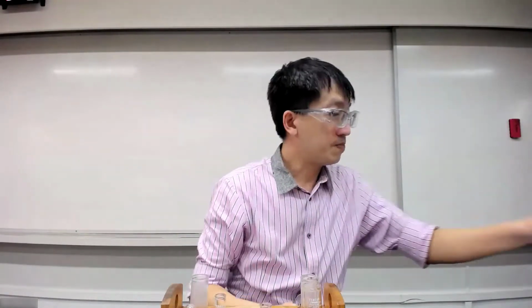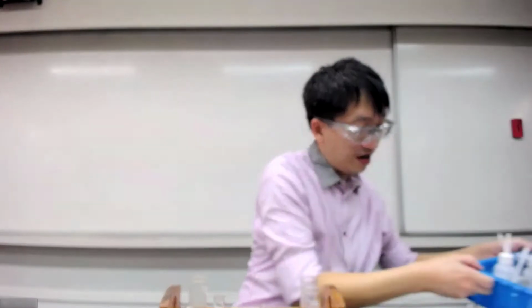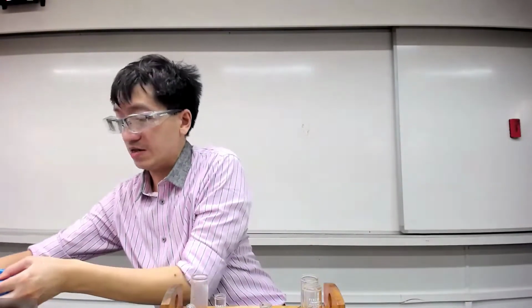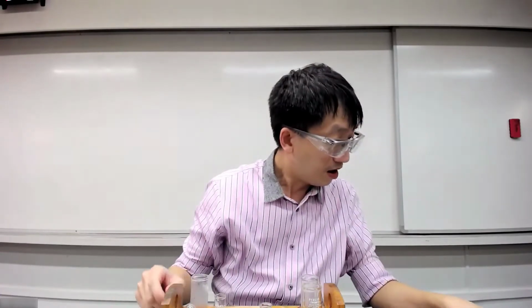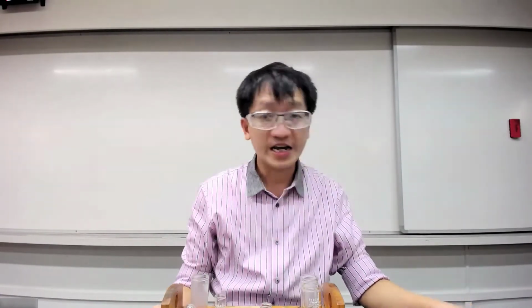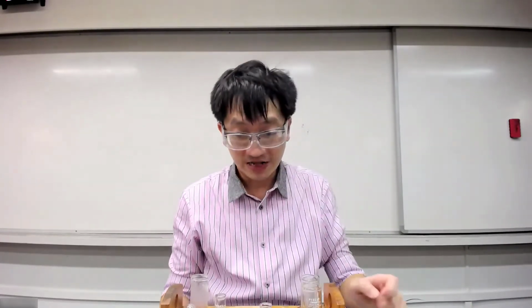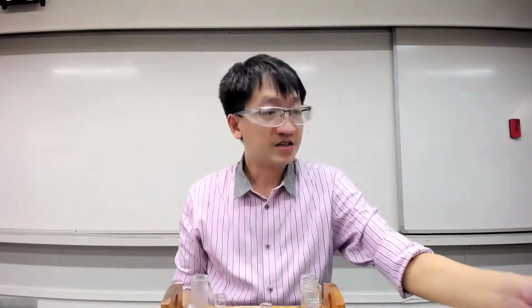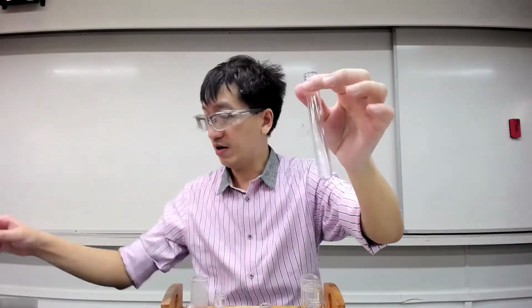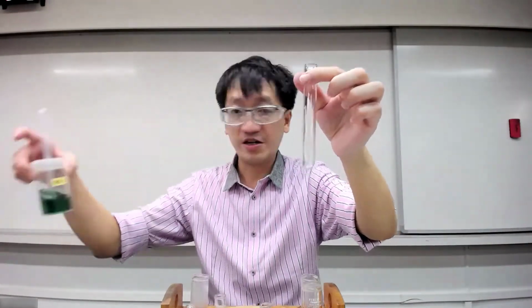Then what we're going to do now is add 1 cm depth of FA1 in a test tube, and then add 1 cm depth of aqueous potassium iodide. So I'm going to take another, clean test tube. 1 cm depth of FA1, in case you forget how FA1 looks like.